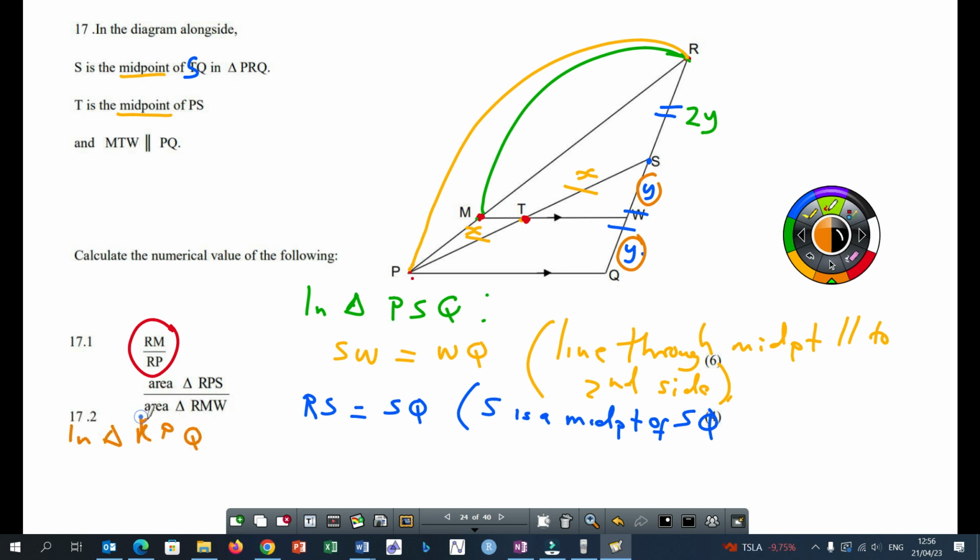In triangle RPQ, I can write my ratio: Rm over Rp is equal to Rw divided by, sorry, not Wq, there's Rp, so that would be Rq. Then give your reason here: line parallel to one side of triangle.